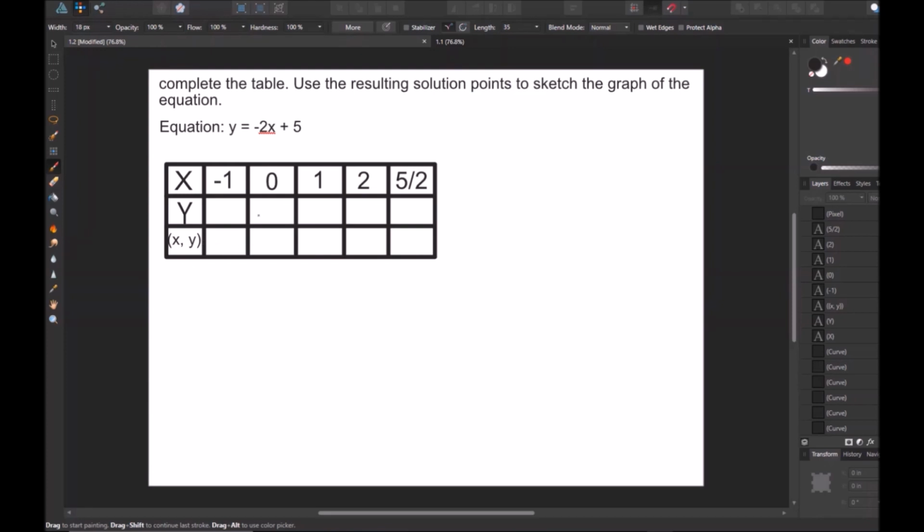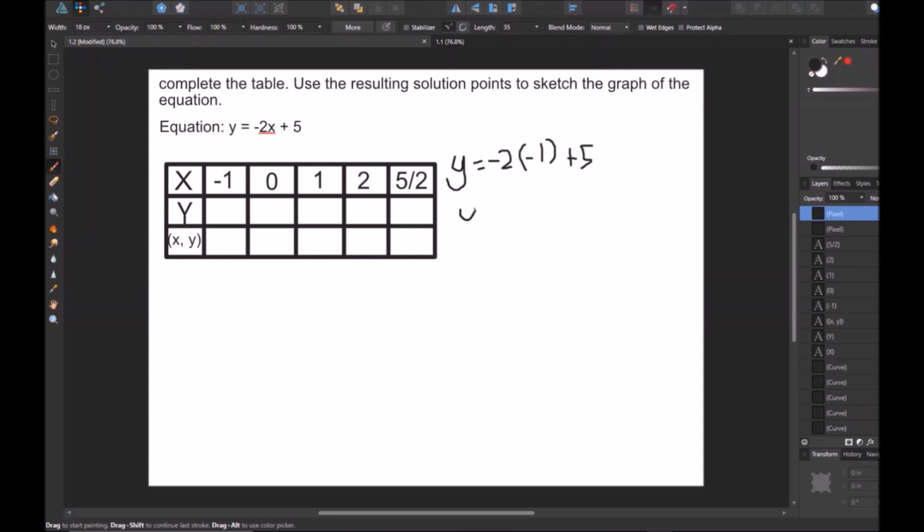So in order to do that, we're going to take this equation and plug in whichever one of these x values you want whenever we see the letter x, or the variable x. So for example, with this first one, negative 1, we're going to plug in negative 1 wherever we see x. So we have negative 2 times negative 1 plus 5.